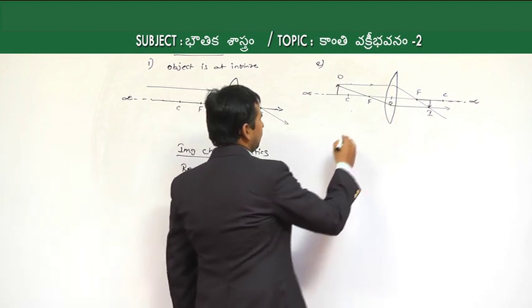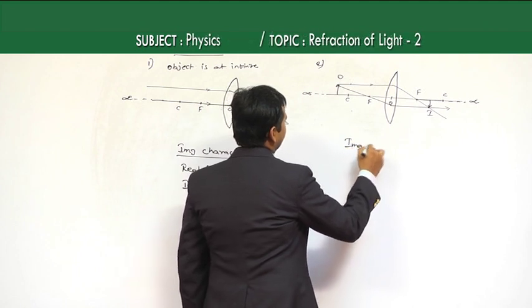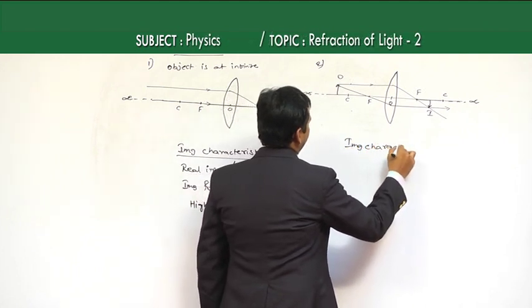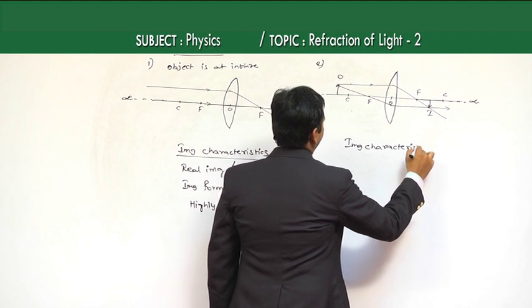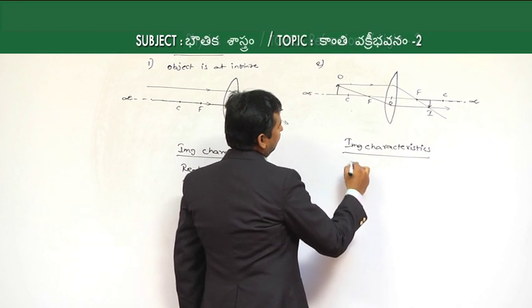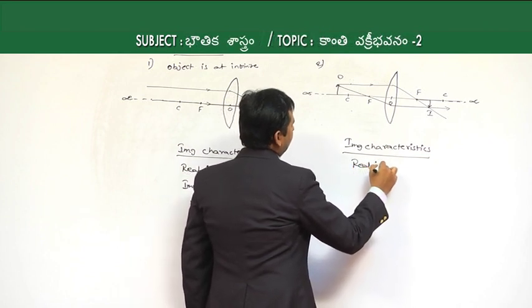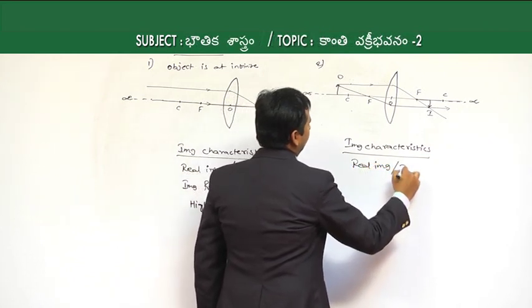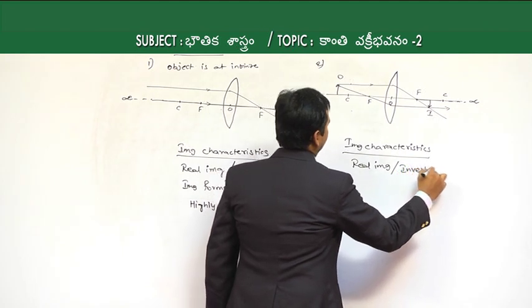So, if you take again the image characteristics, okay, here the image formed is a real image, and not only that, it is forming an inverted image.